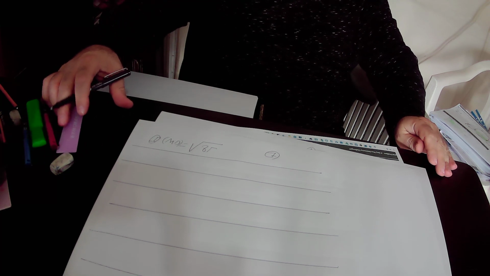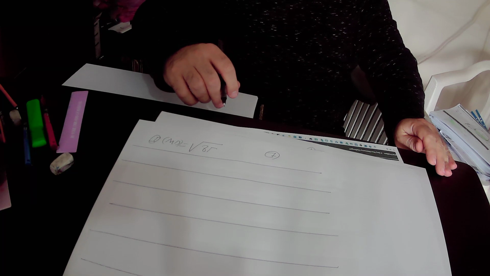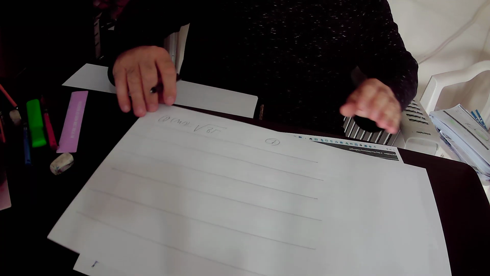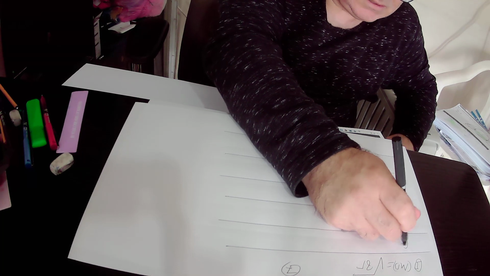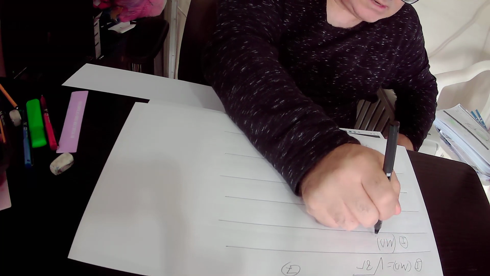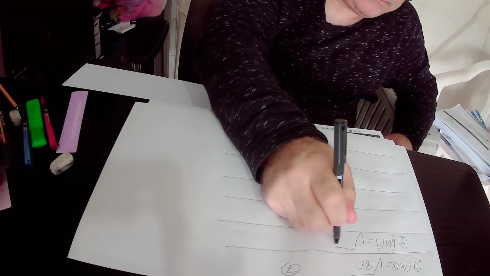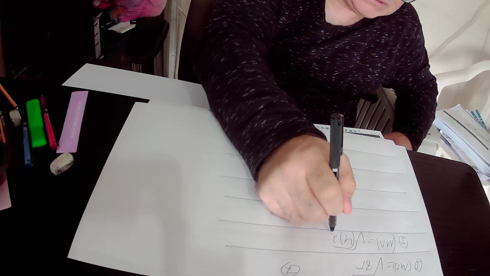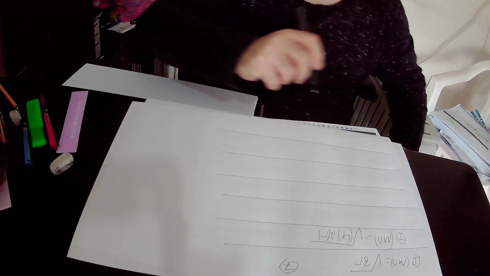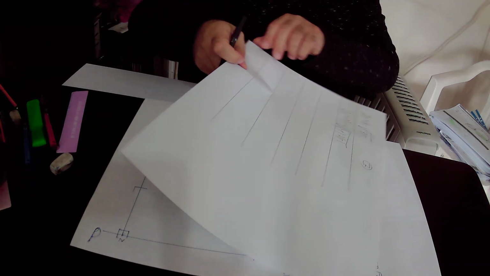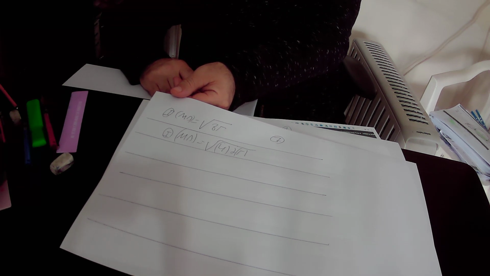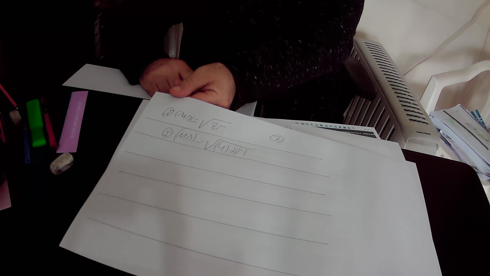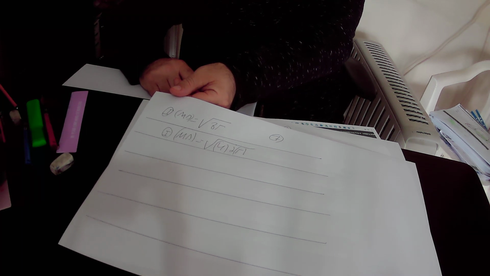8 is 4 times 2, so we will substitute 8 by 4 times 2 in this equation. And we will get that MD equals the square root of 4 times 2 times R. The square root of 4 is 2, so I will write it down.